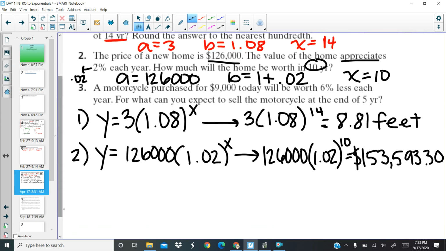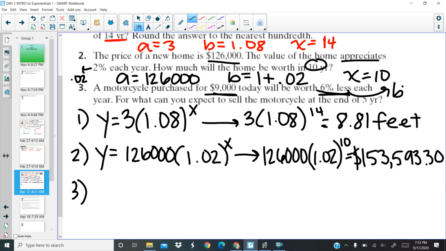And then we have one more example here, number 3. So a motorcycle purchased for $9,000 today, so that's my a value, is going to be worth 6% less each year. So with less, that means that it's exponential decay this time.